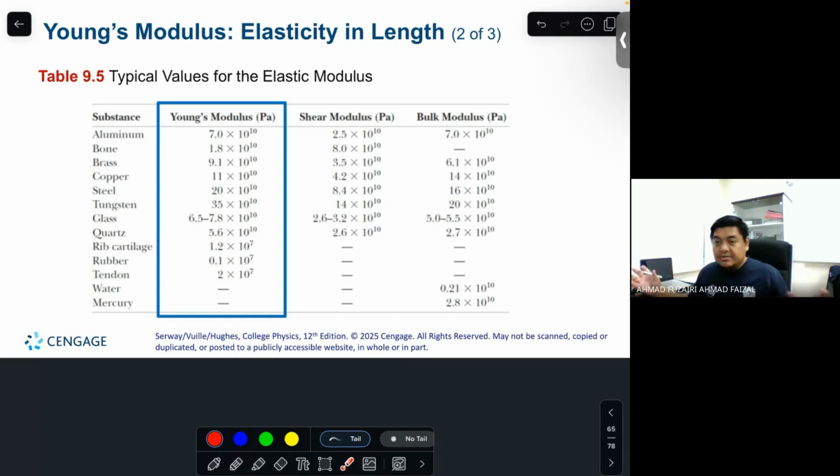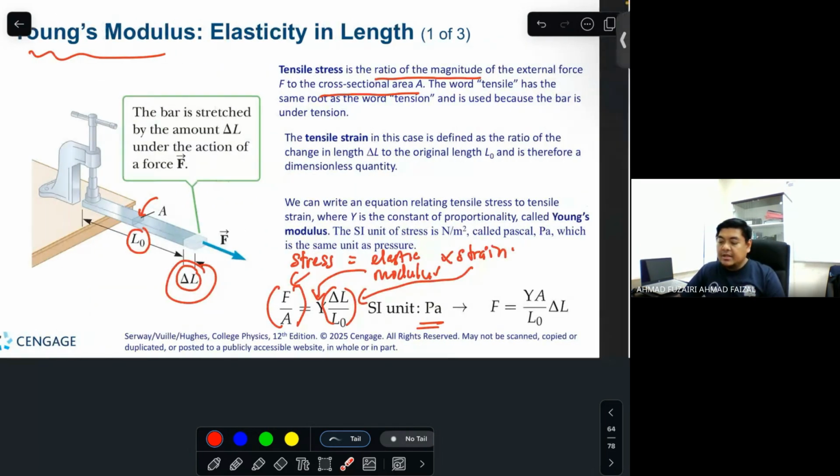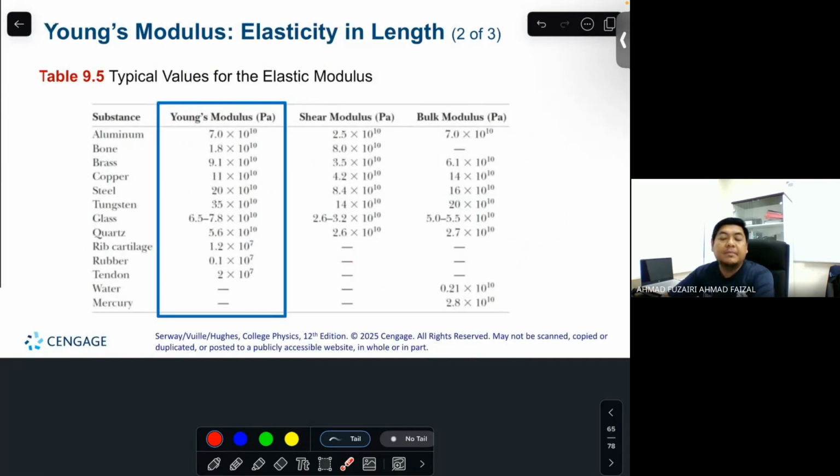Either way, if the original length L naught changes by a certain delta L, you have some stress, and of course it causes strain.